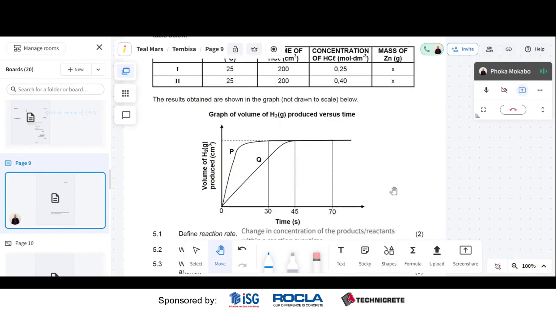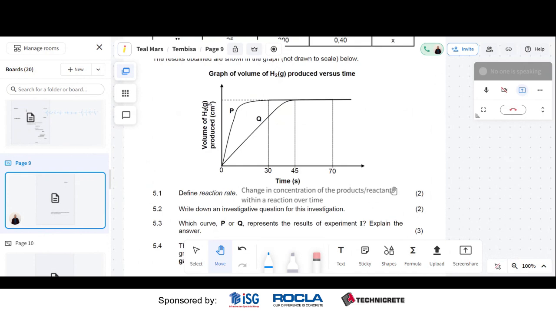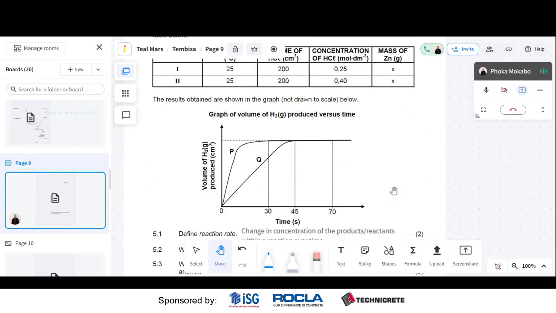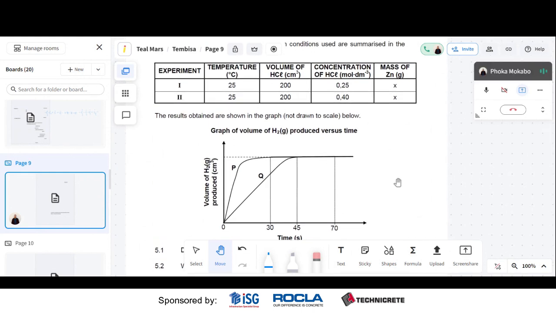Explain your answer. Now, let's just check. Represents the results of experiment 1. Experiment 1 started off with our temperature at 24, the volume at 25 and the concentration at 0.25, whereas in the second experiment, the concentration of HCl is 0.4. Well, very easy to see.